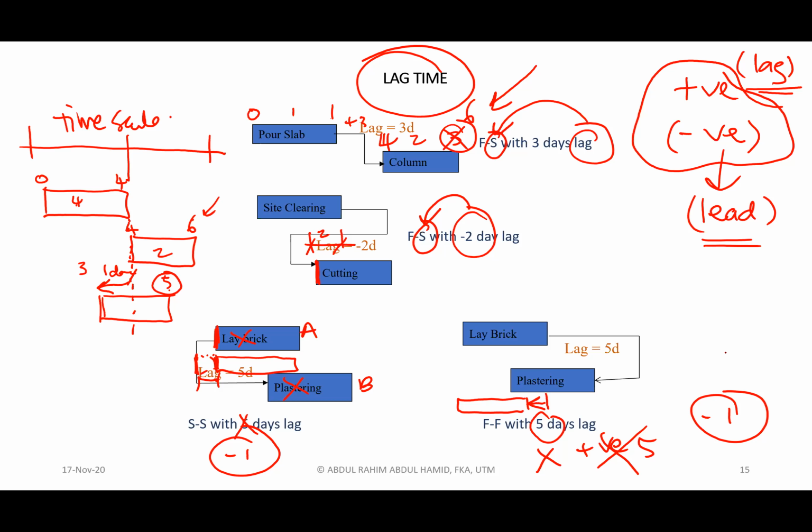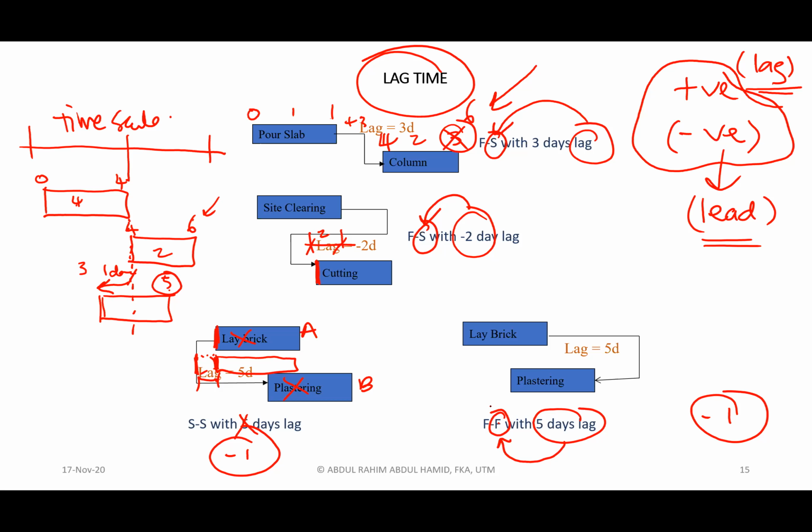So how to read the lag or lead? The simplest way is that the lag is attached to the immediate predecessor activity. So either F or S, it doesn't matter. That's how you play around.